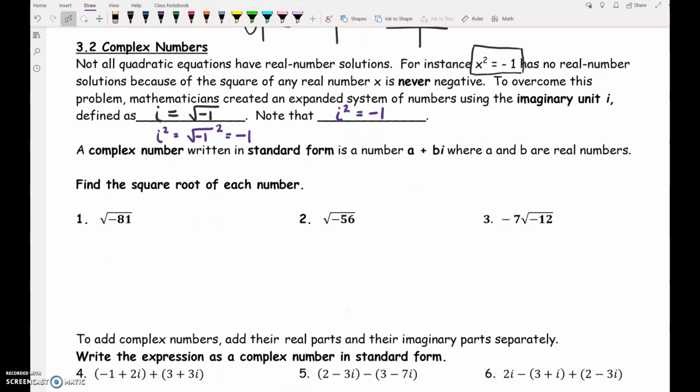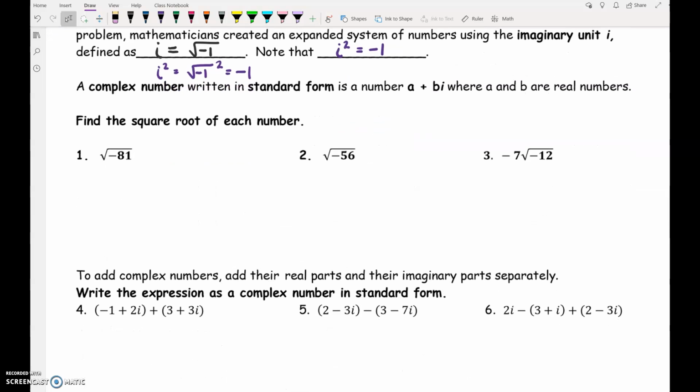We'll get into complex numbers in a minute, but let's use this newfound knowledge to simplify square roots of negative numbers. Anytime you see a square root of a negative number, I want you to break it into the square root of -1 times the square root of the positive version of that number. So -1 times 81 is -81.